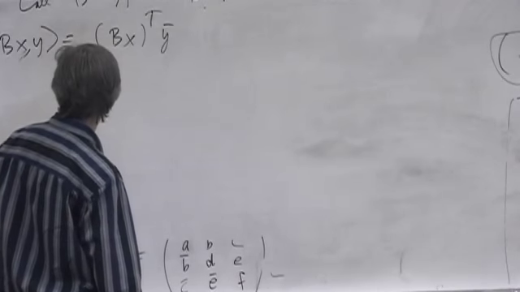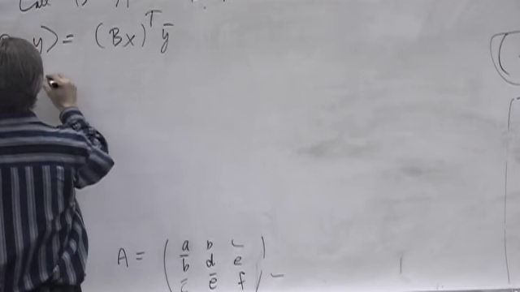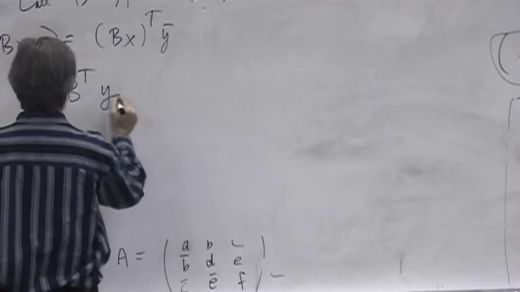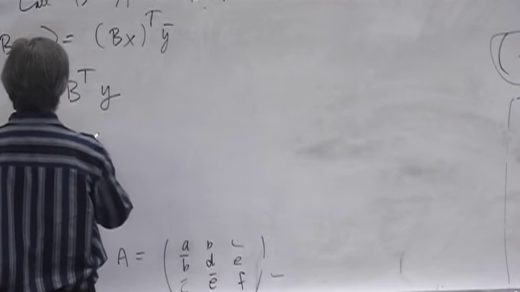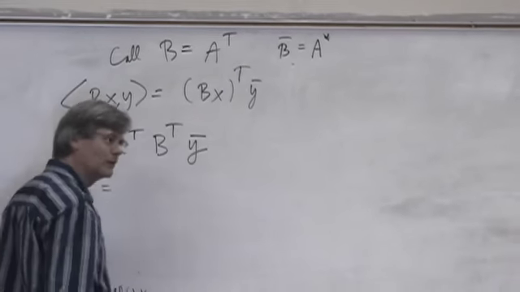So how will I do that? This is simply X transpose B transpose Y. So if I want to write it on the Y, I'm going to say Y bar. So if I want to write it on the Y, it's trivial to do so.